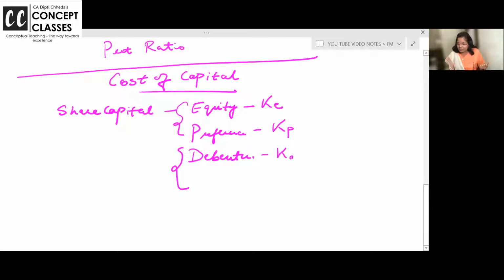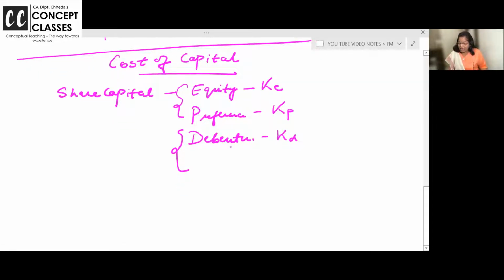So for debenture holders, this is KD. Suppose if I take long-term secured loan from banks, can I call it KL? Right. So this is all covered in sources of finance, another chapter.